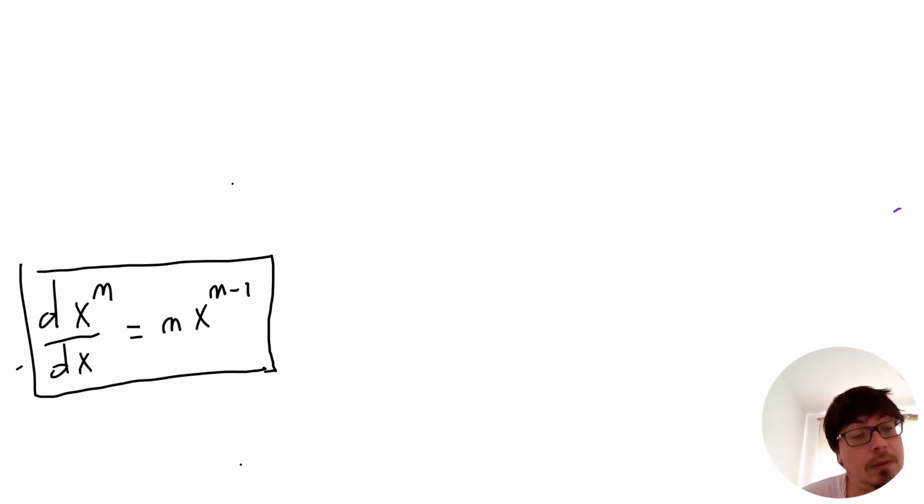Now we need to prove that if it works for x to the n, it will work for x to the n plus 1 as well, so the step forward. And this means that we are inducing the idea that it will work for any bigger n as well.